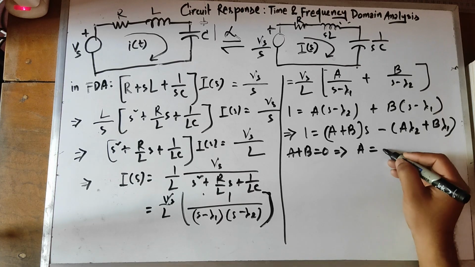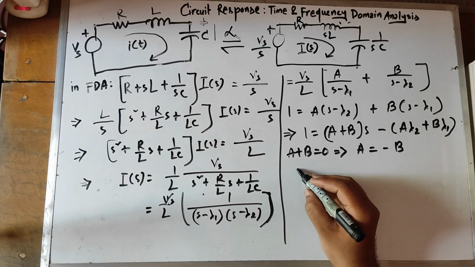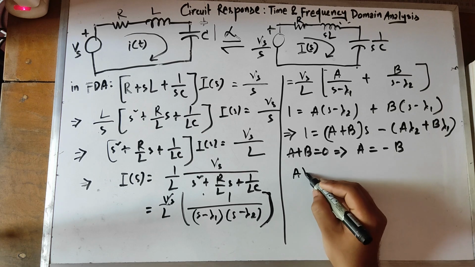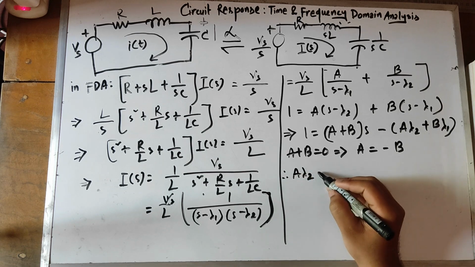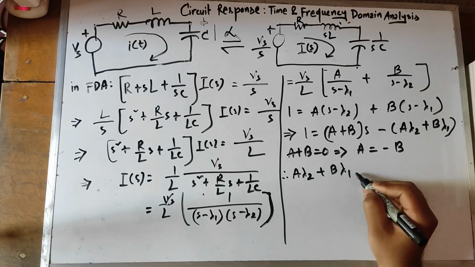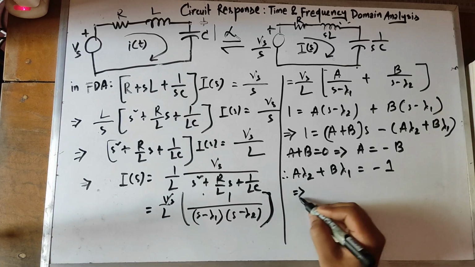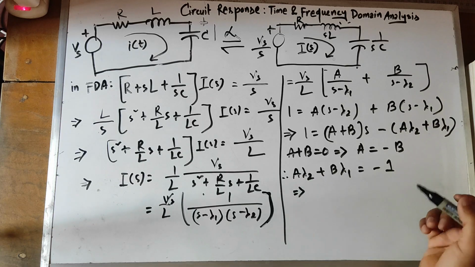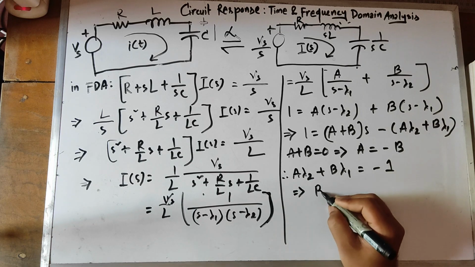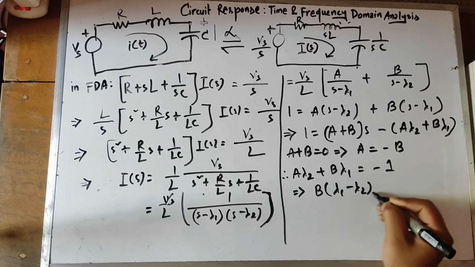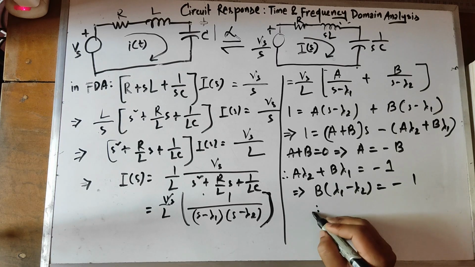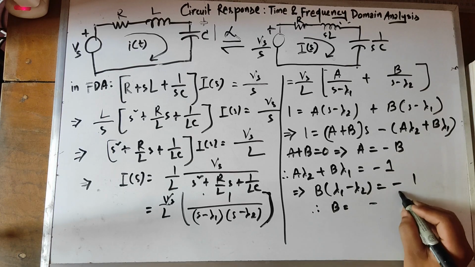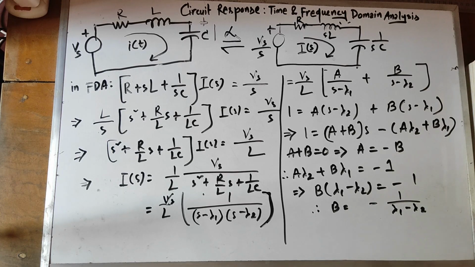If we take A equals minus B, then minus A lambda 2 plus B lambda 1 equals minus 1. Then B times lambda 1 minus lambda 2 equals minus 1. Thus B equals minus 1 by lambda 1 minus lambda 2, and A equals plus 1 by lambda 1 minus lambda 2.